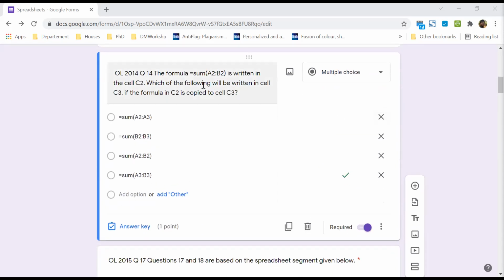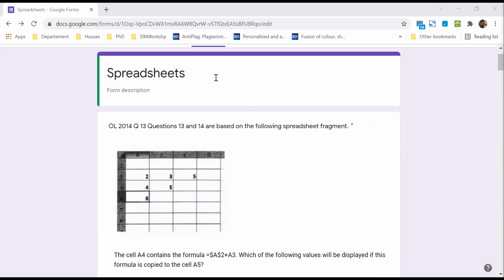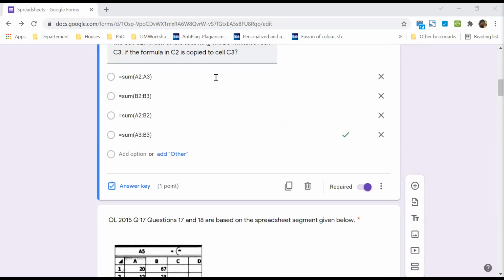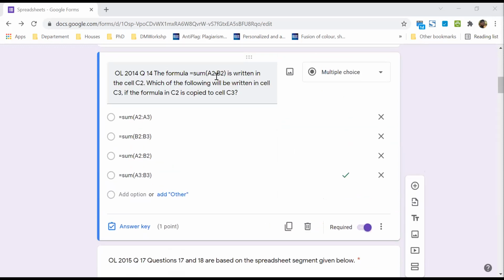So the formula sum A2 to B4 written in cell C2. Which of the following, right?